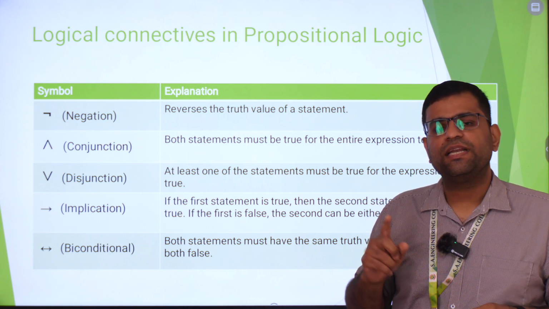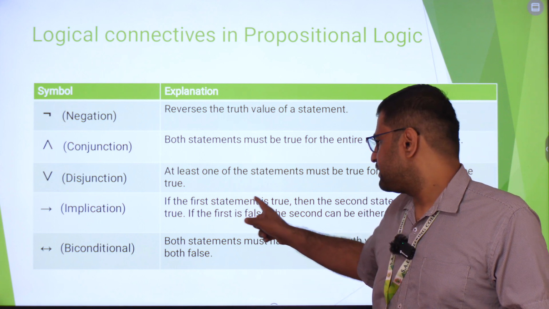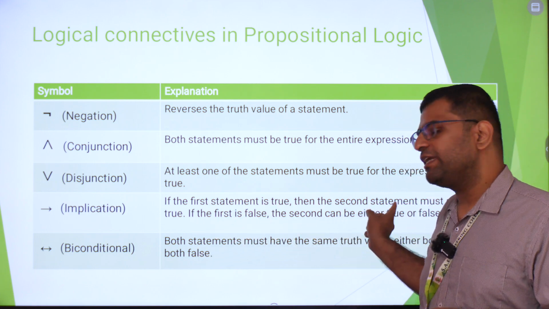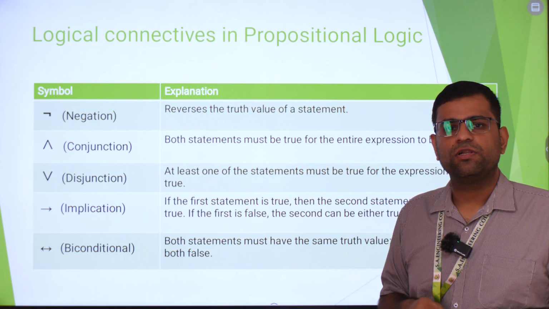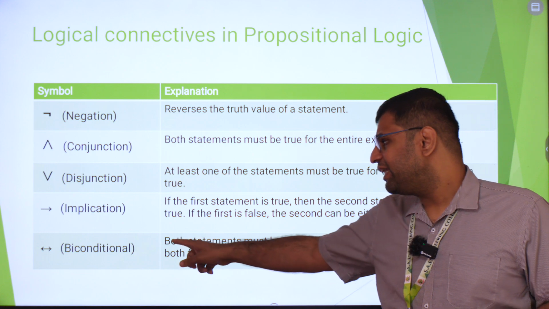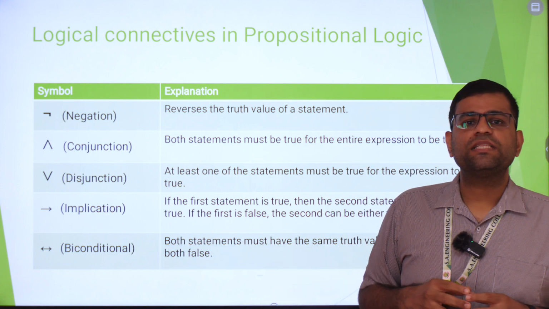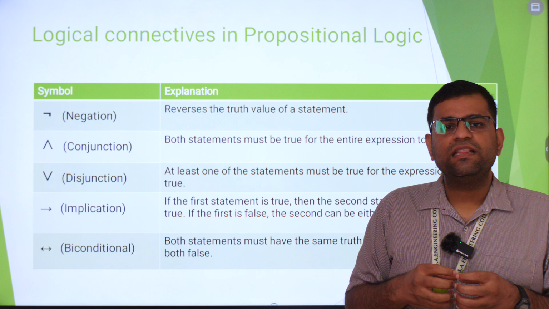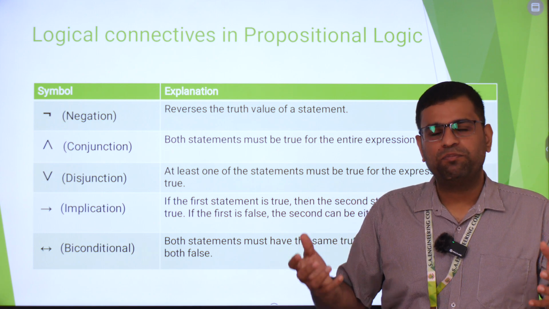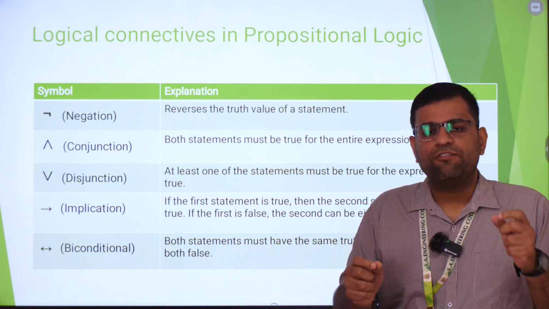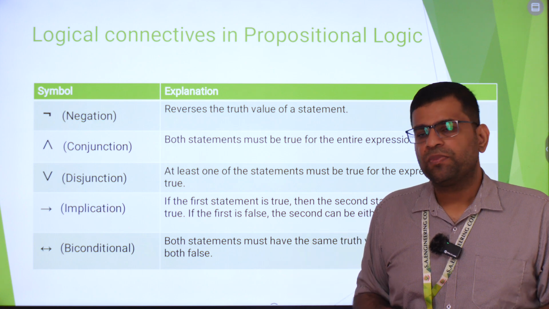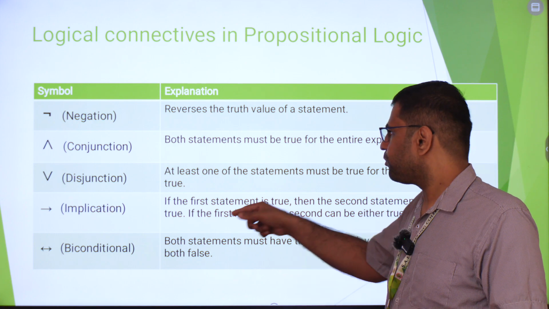On one condition it becomes false: when the first statement is true, the second statement must also be true, and if the second statement is false, that is the only time it becomes false. All the other combinations become true. Then we have biconditional. A biconditional becomes true when both the propositions are false or both are true. If one of them is true and the other false, then it becomes false. We will see that in detail.